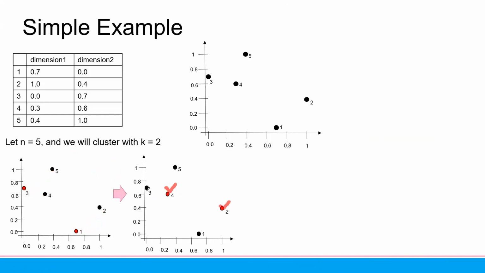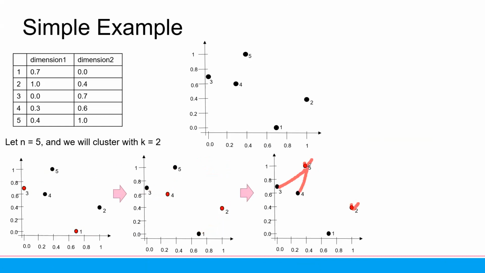Again, we measure the distance here and here, and we get the error. Then we go to the next iteration. Now we choose 5 as the most centrally located object, and 2 as the other. Then we calculate the distances here and here, so we can get the error.